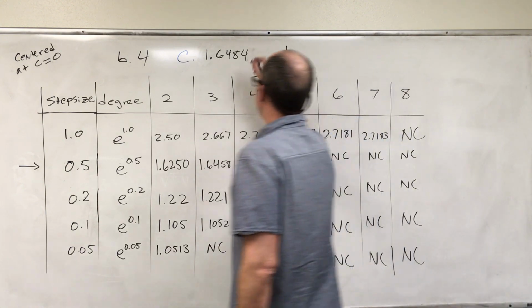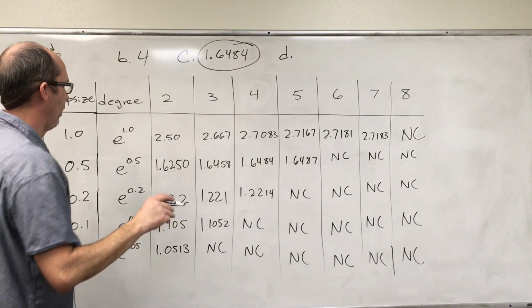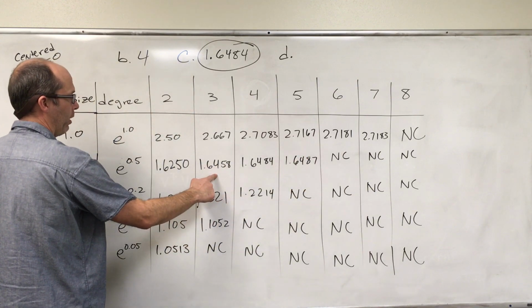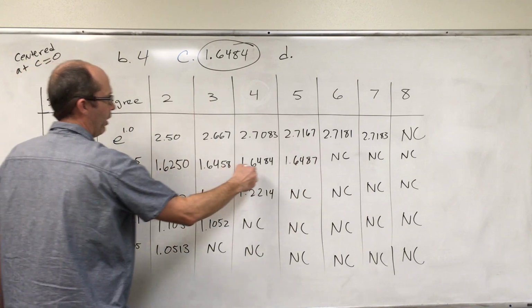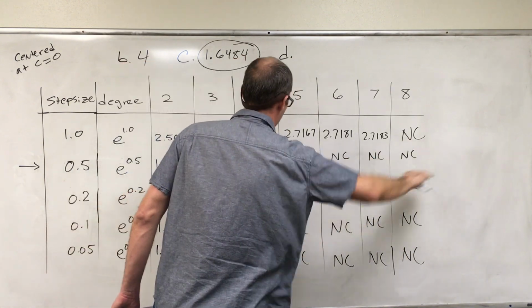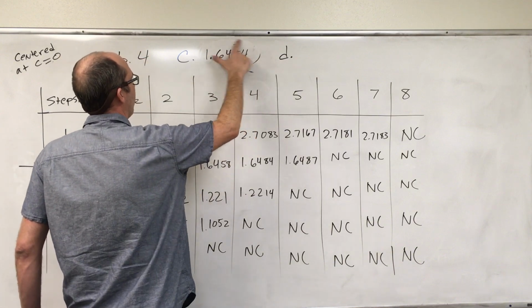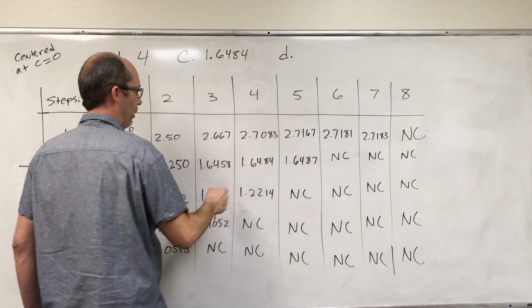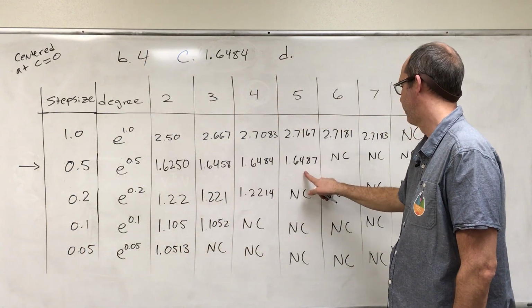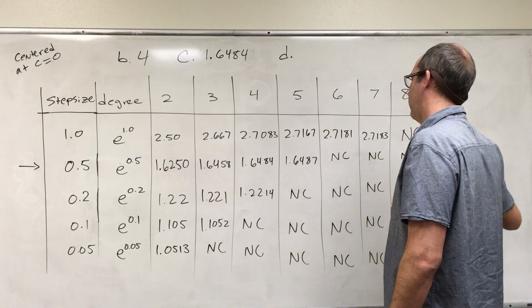That's why this is the best one for less than or equal to 4. If we had no change here, no change here, no change here, then the best would be degree 3. But it gets better until it starts to not change. So that's why we chose that one there. The best approximation happens there, and after that, there's no change.